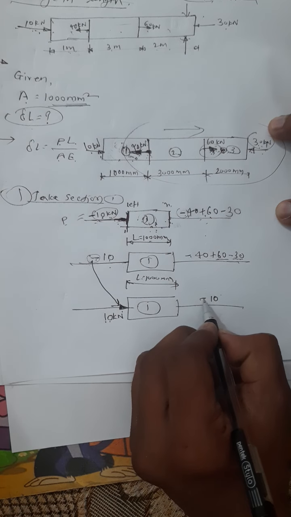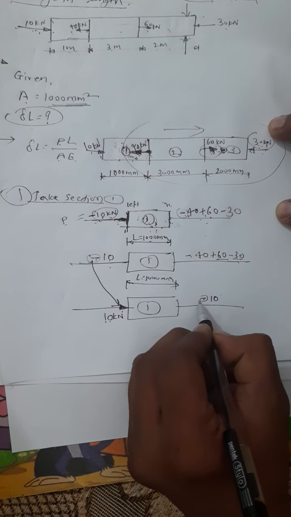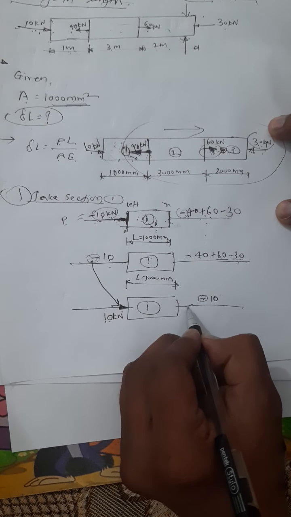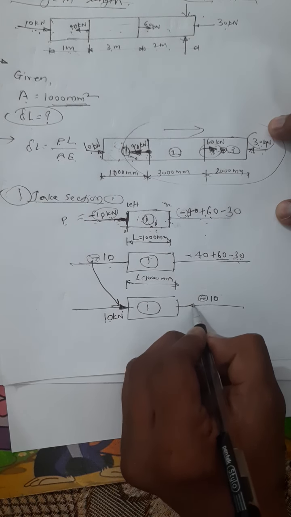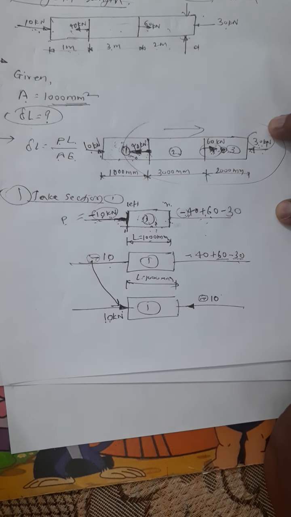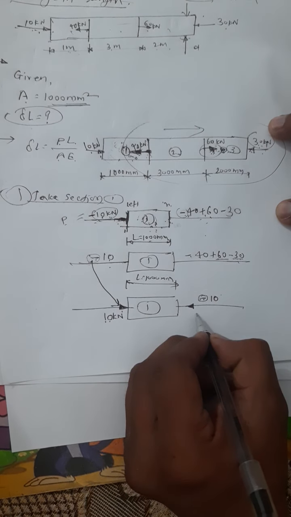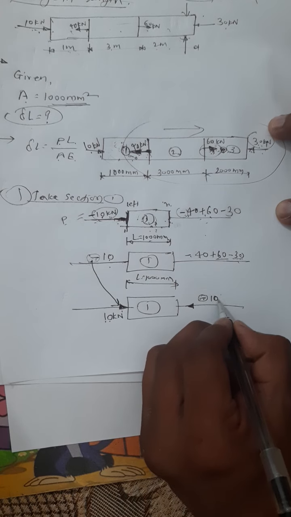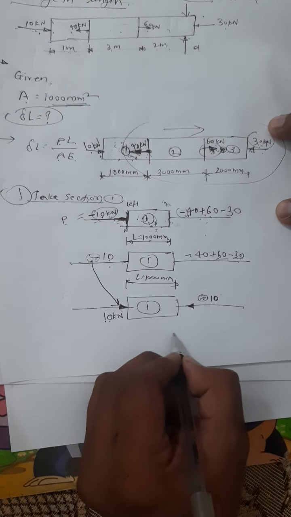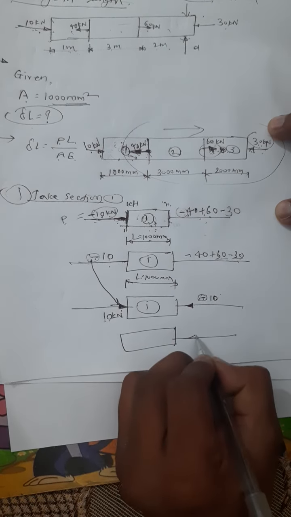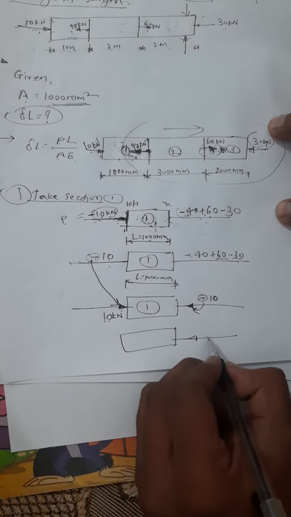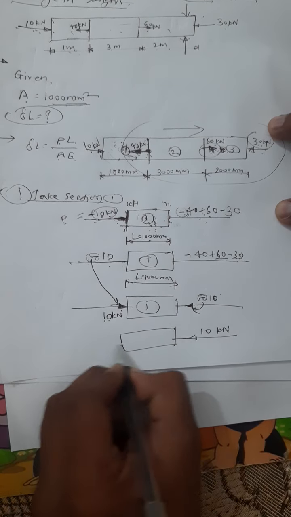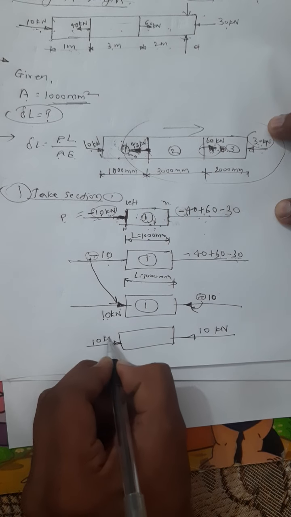And minus 10, convert this sign into pushing form, replacing it by an arrow. So 10 kilonewton, and from this side also 10 kilonewton.